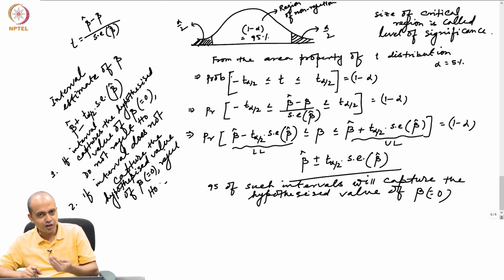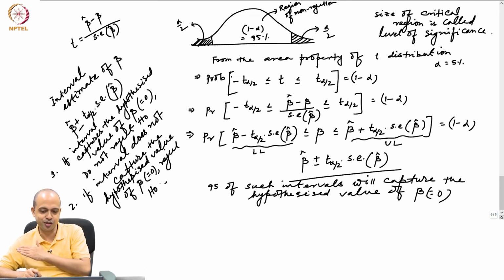Then you get a test statistic, beta hat divided by standard error, and your decision rule says that when your calculated value of t is greater than the tabulated value of t, you reject your null.